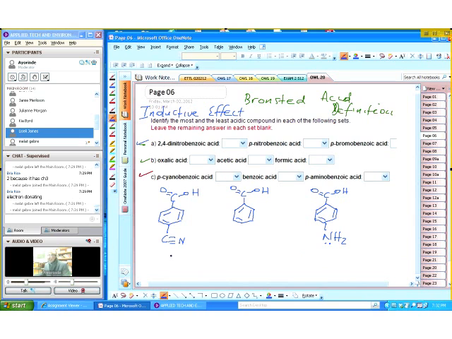Which will be the most acidic of these three? Let us call this 1, 2, and 3. Which will be the most acidic? 1, 2, or 3?